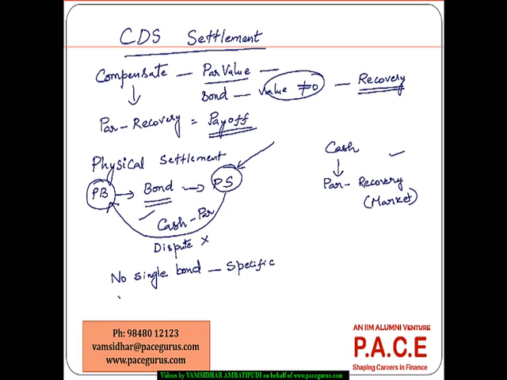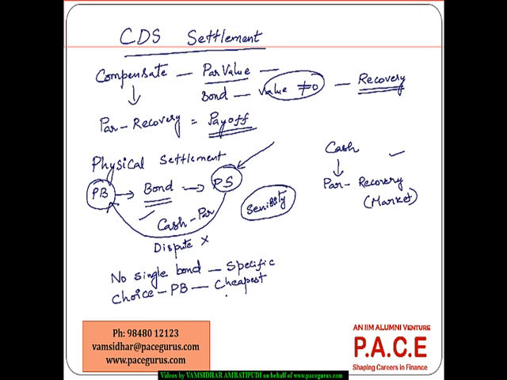So there is a choice. A simple way to talk of is there is a choice for the protection buyer as to what bond he can deliver. What is the security that he can deliver, because he can very well purchase it with that level of seniority or above. The obligation is only specified as a level of seniority. So he can very well purchase the bond in the market which is cheapest, right?